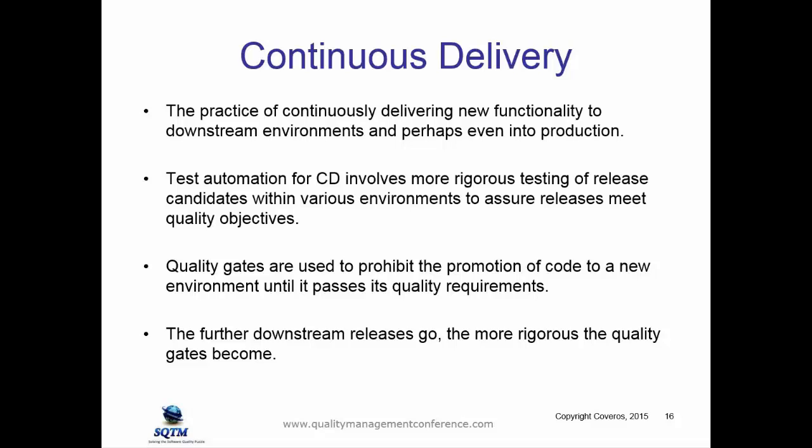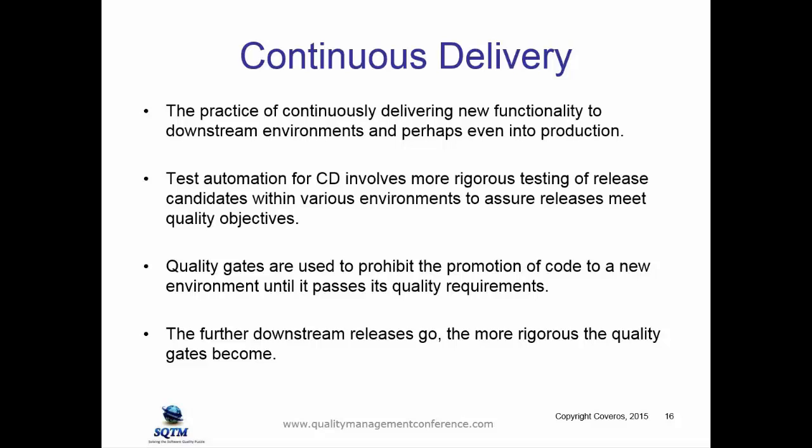Now, this could be automated, it could be manual, it's often both, right? It depends on the environment, it depends on what type of testing we're doing, and it depends on the capabilities of the team. So the more you can automate it, the more continuous your continuous delivery pipeline is. But oftentimes it's not going to be completely automated based upon the factors that I mentioned earlier.